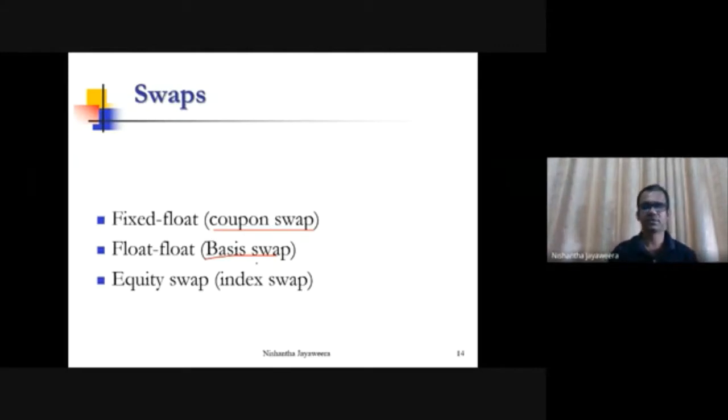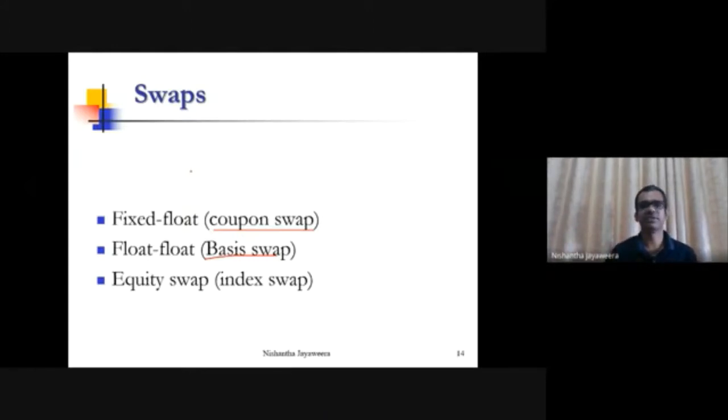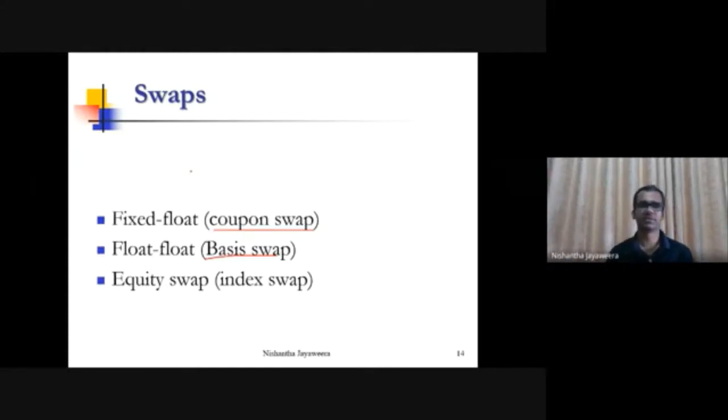Even here, all same concept. When you have float, we use two benchmarks. One may be 3 months LIBOR, other one may be 3 months Treasury bill rate. When the interest rate goes up and down, not both LIBOR and the Treasury bill rate go up by the same amount or go down by the same amount. There will be a difference.